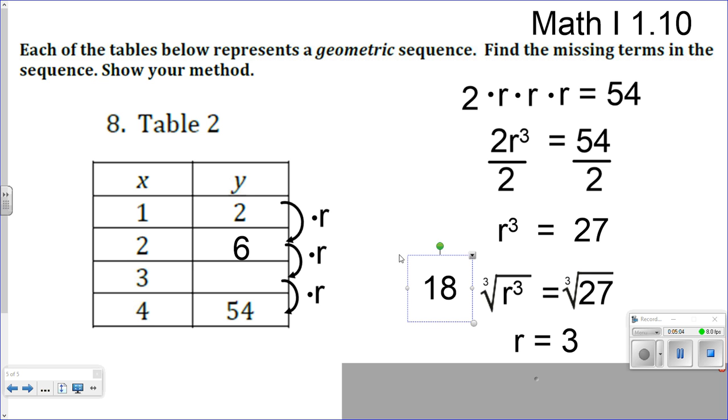And so that goes into our empty spot, our third term in the sequence. We can double check that 18 times 3 is 54, which it absolutely is. And we have been able to completely fill in this table with a guaranteed strategy. It looks a little long, but it really does not take much time when you realize how that repeated multiplication helps us to set up the equation.